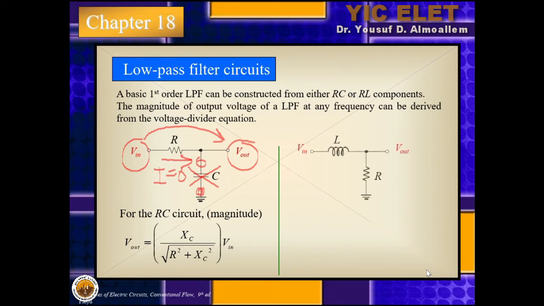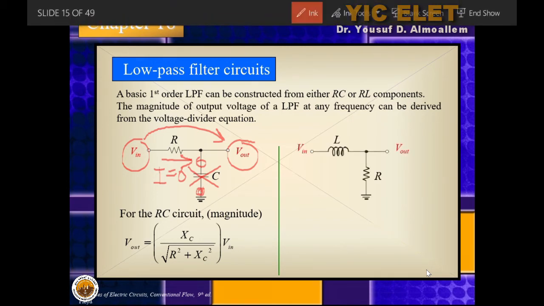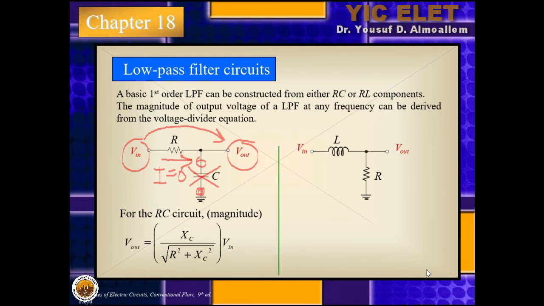Then, if we look at the RL circuit and do the same voltage divider, this will be X_L and this is R. If we calculate Z_L and R, and want to find the voltage over the R, V out, it will be R over Z_L plus R. If you find the magnitude of it, you will get this equation.